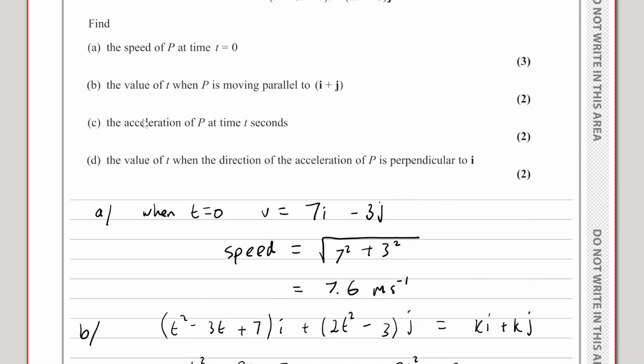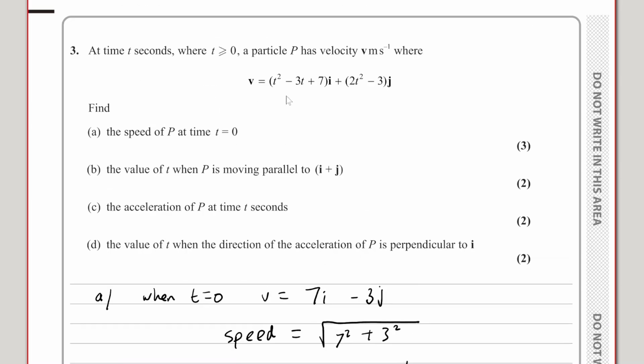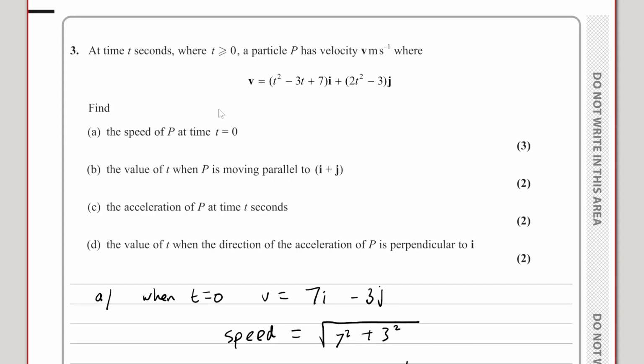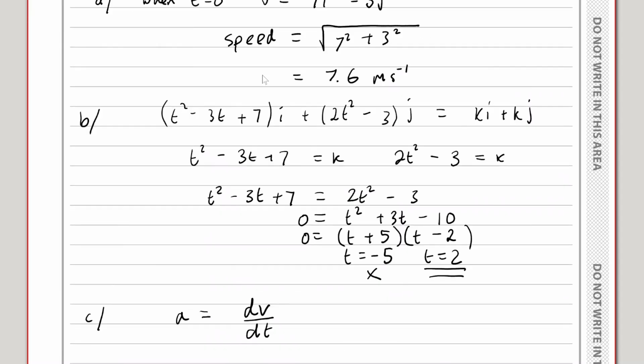We want the acceleration now. So acceleration, part C. Acceleration is dv/dt, the change of velocity with respect to time. So we need to differentiate. So times by the power, take 1 off the power.